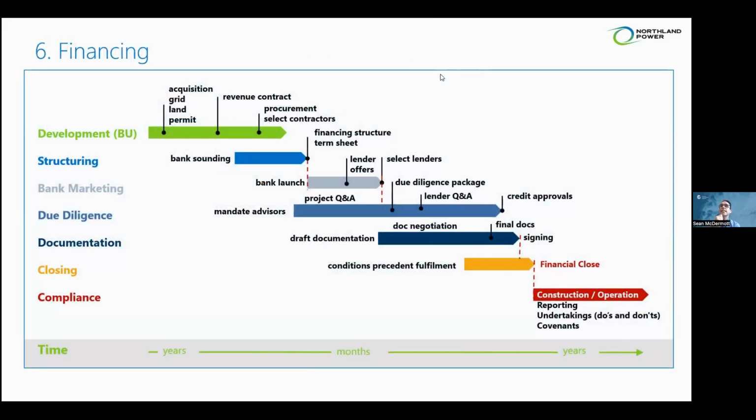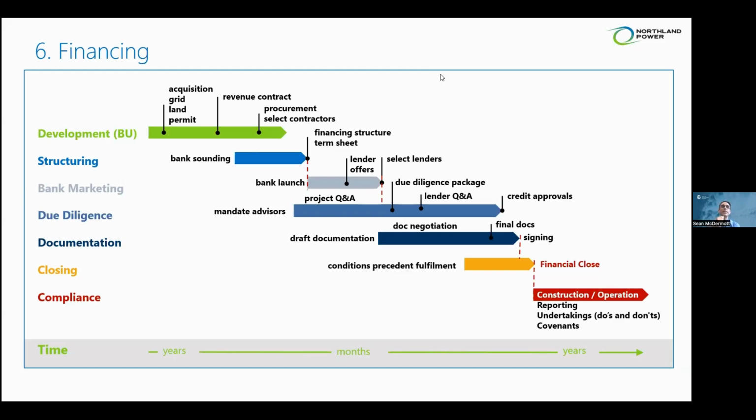So this slide shows a little bit what project finance looks like. This is sort of the financing process. If you can conceptually put this into that development cycle graph from the start of the presentation, this would be one of those work streams.